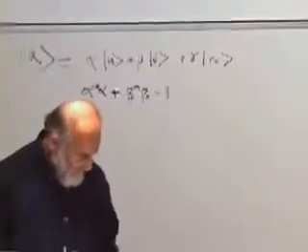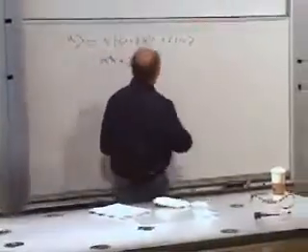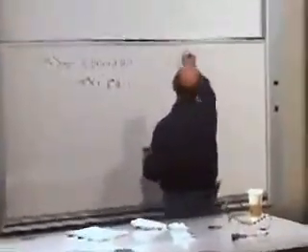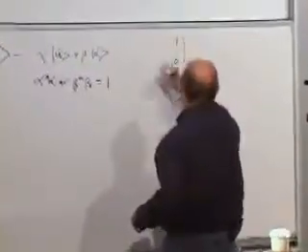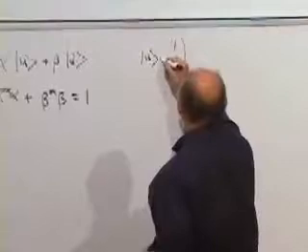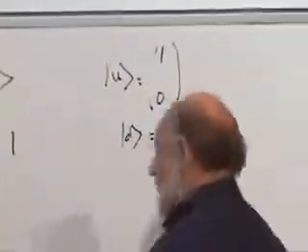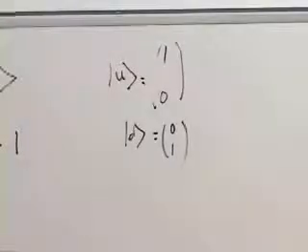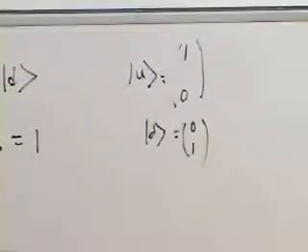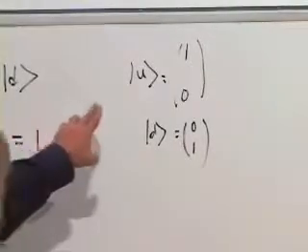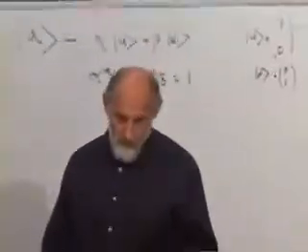The basis of up and down: up was just 1, 0, and down is equal to 0, 1. They're orthogonal to each other. They're normalized, both of them. The sums of the squares in each individual one is 1, so they're called orthonormal vectors, orthogonal and normal.